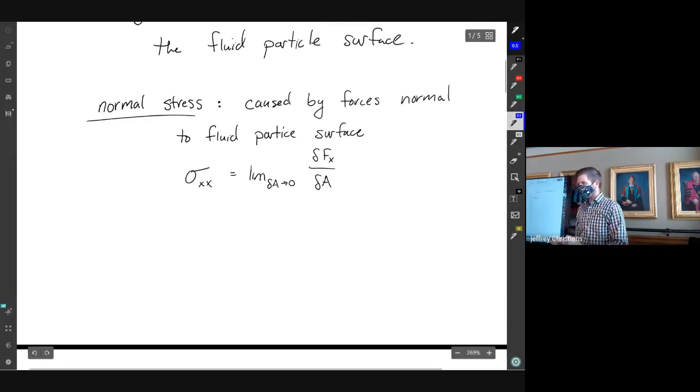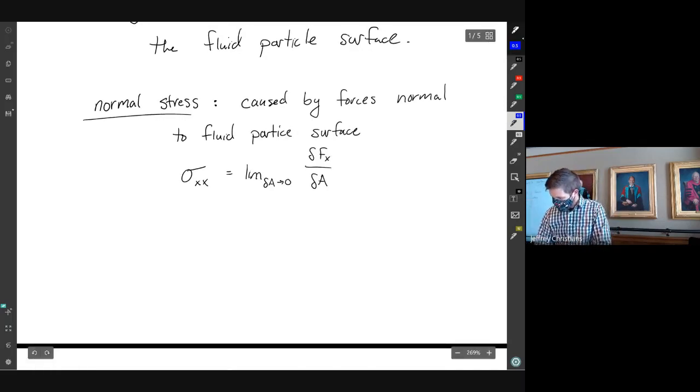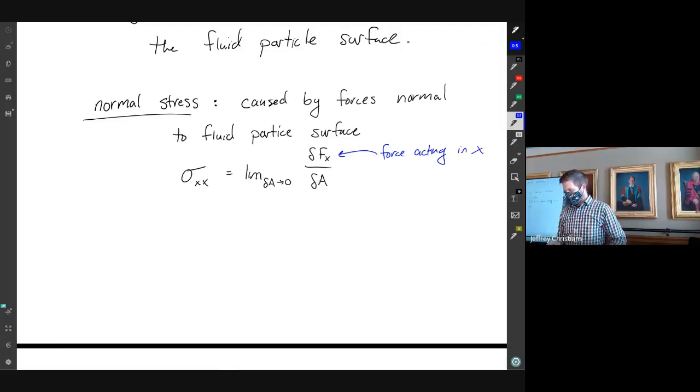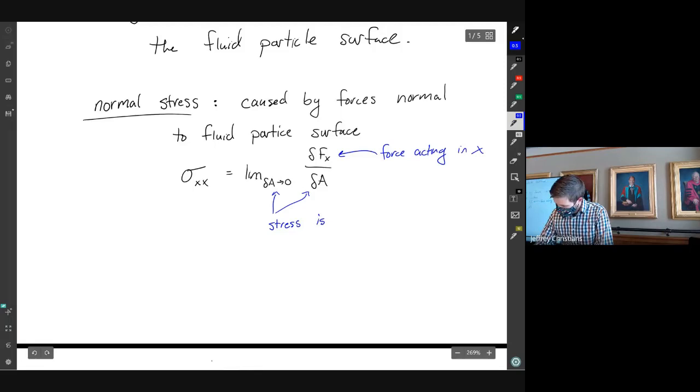So again, let's unpack this a little bit. This is a force acting in x, and these parts just mean that a stress, as we talk about, is a force over an area.